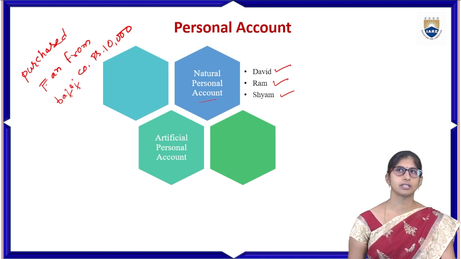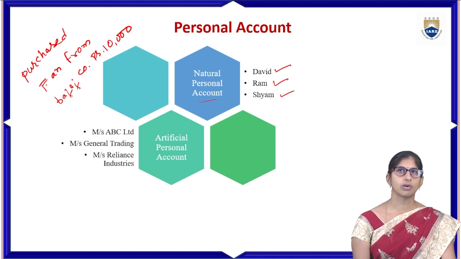Here you can see Bajaj company. This is a company or some organization from which we have purchased a fan. So it is an artificial name. Who is naming that Bajaj company? We have named it.